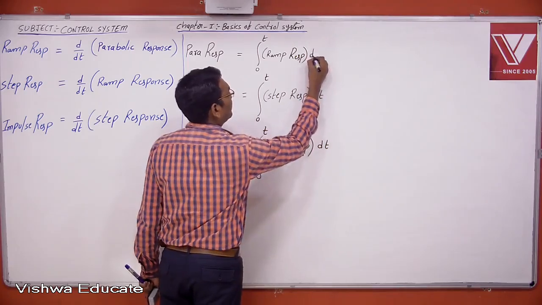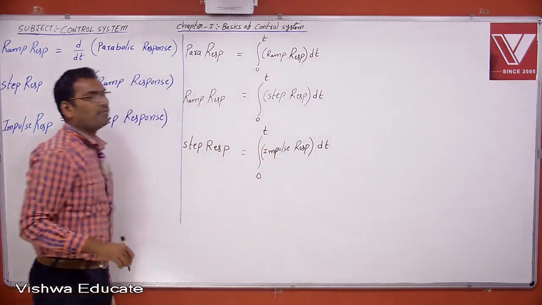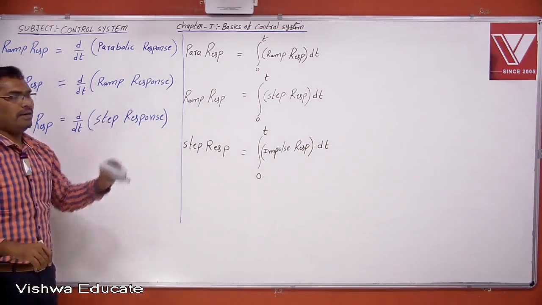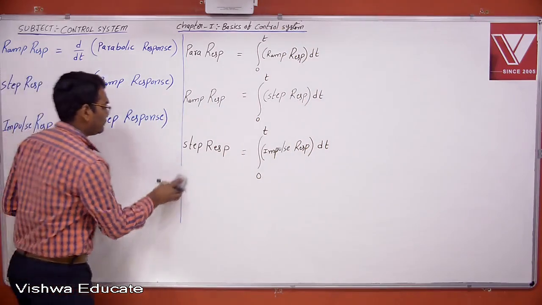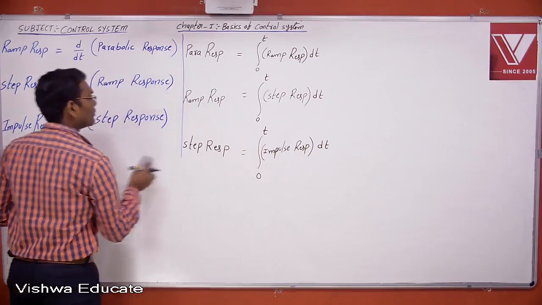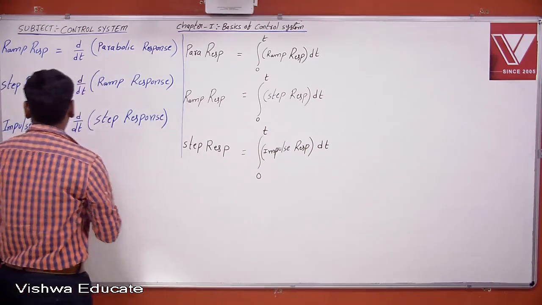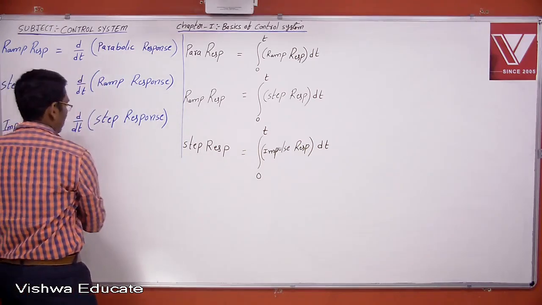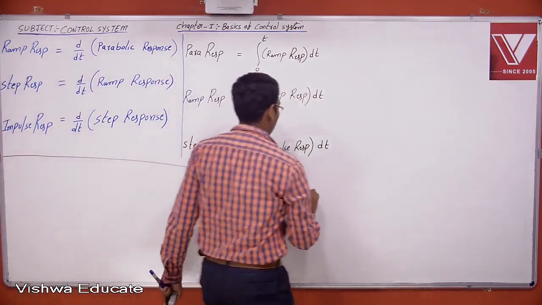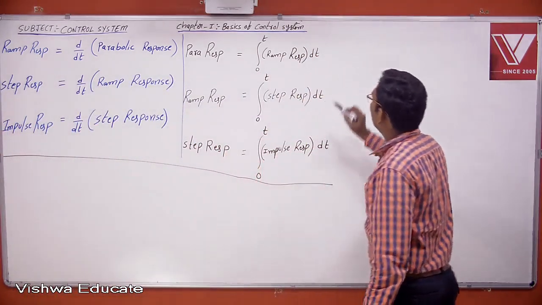If you integrate for all the positive values of time, then you can get the different responses. But here these are the conversions from one response to another response.